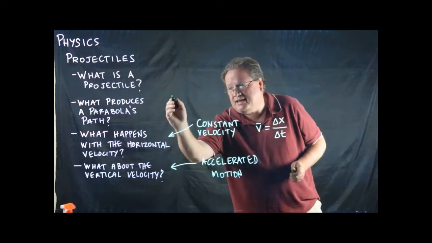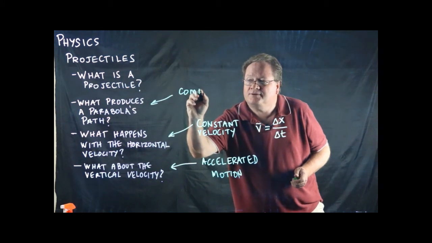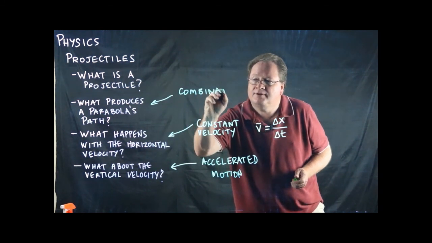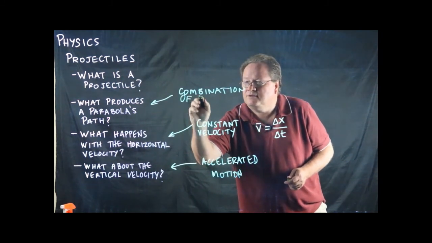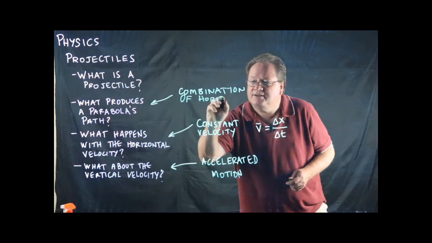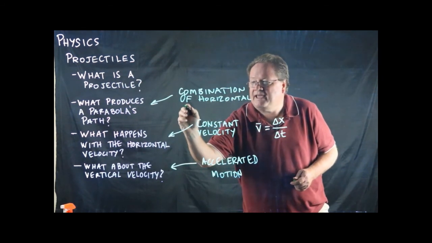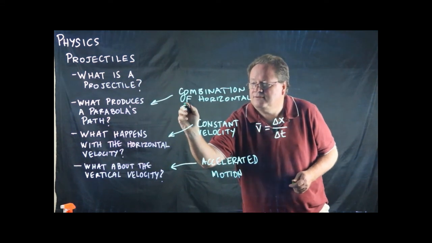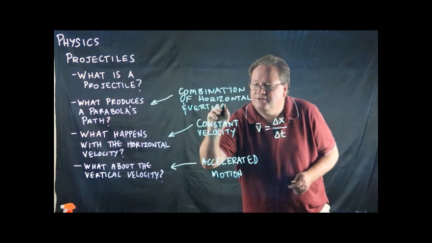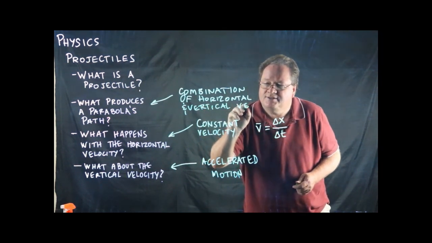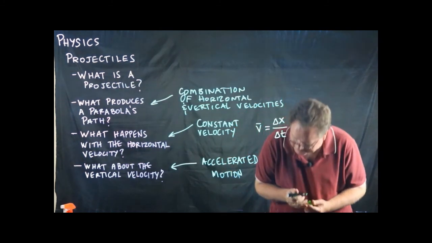So what I would say here is, what produces the parabola's path? It's basically the combination of the horizontal velocity and the vertical velocity. Okay?